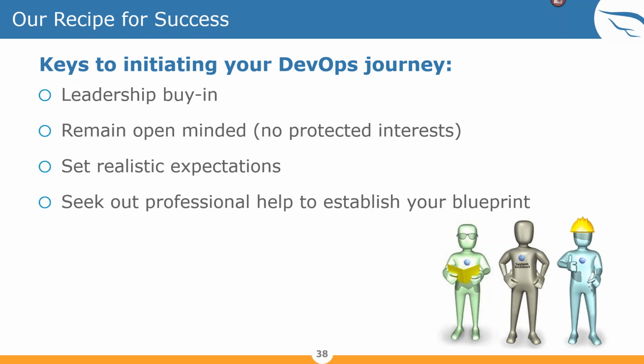The other part that really is important is somebody that, again, is not part of those protected interests. So if you bring in a good organization that does what my organization does, or other ones that do, you want them there to speak the truth of what will work for the organization.